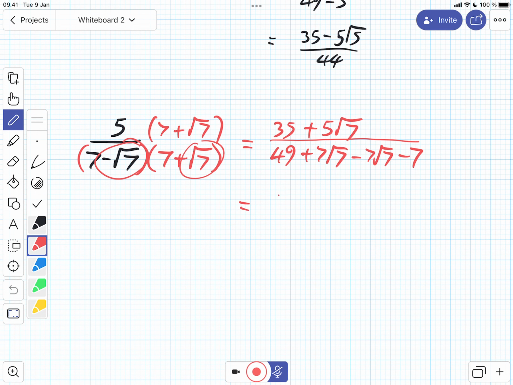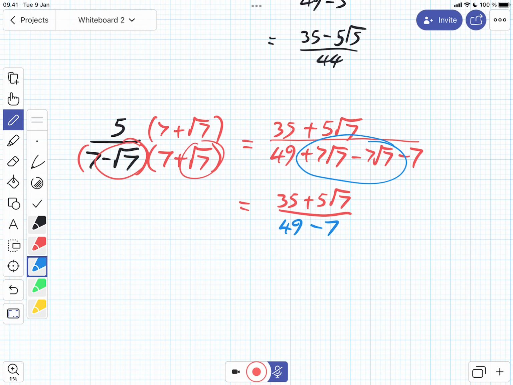So we end up with 35 plus 5 root 7 on the top. And then on the bottom the plus and minus 7 root 7 cancels itself out. So all you end up with is the 49 minus 7, which is 42. So the answer is 35 plus 5 root 7 divided by 42 is the final answer.